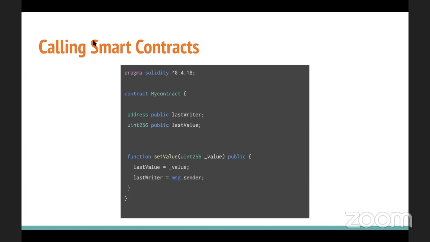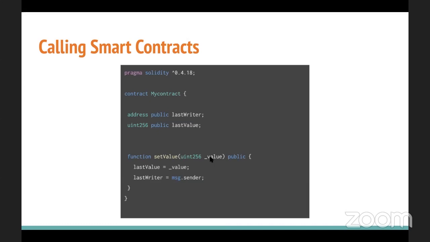Okay, so imagine that we have this smart contract. This smart contract is a contract account, and it's a simple program where we have this variable called last writer, and also last value, and we have only one function, which is set value, which receives a value, which is a number.